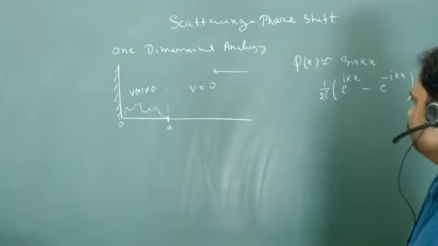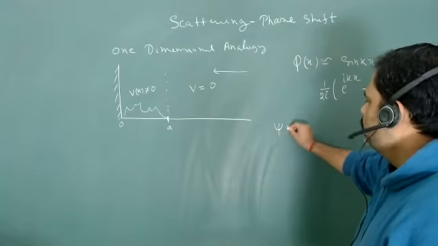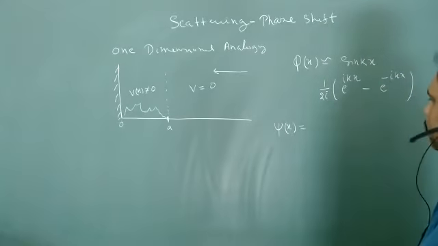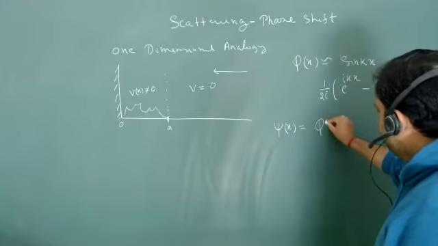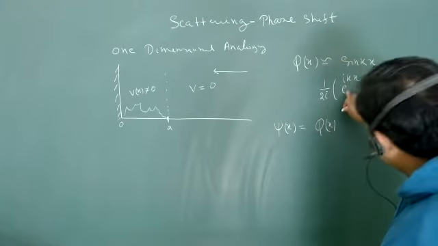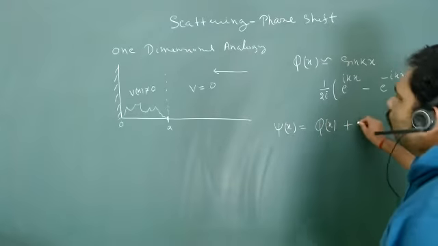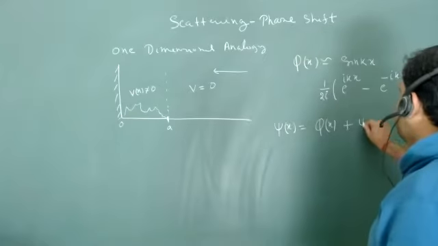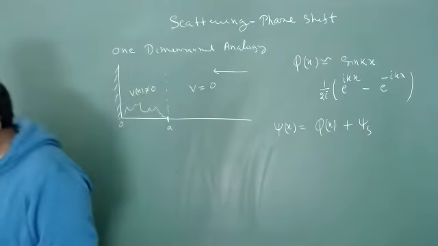This is very interesting. And my complete wave function is nothing but the incoming and outgoing wave function, which is phi(x), plus whatever happened to this particular wave function, which is your scattered wave function. Are you getting my point?